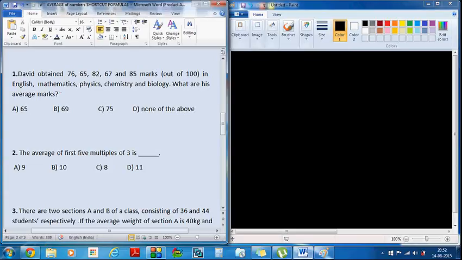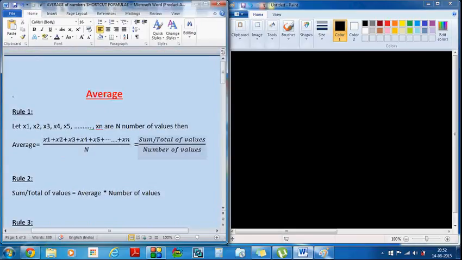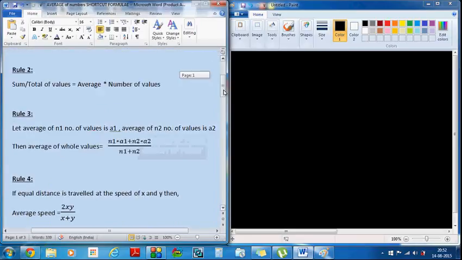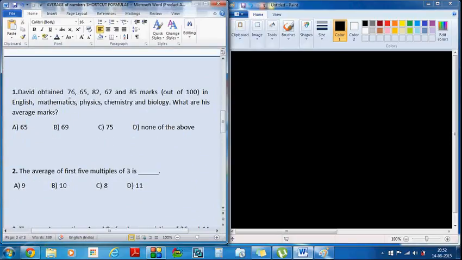So what is the formula? Average will be sum of values by number of values. So what will be the sum of values? 76 plus 65 plus 82 plus 67 plus 85, by number of values. Number of values means here the number of subjects. So how many subjects? 1, 2, 3, 4, 5 subjects.